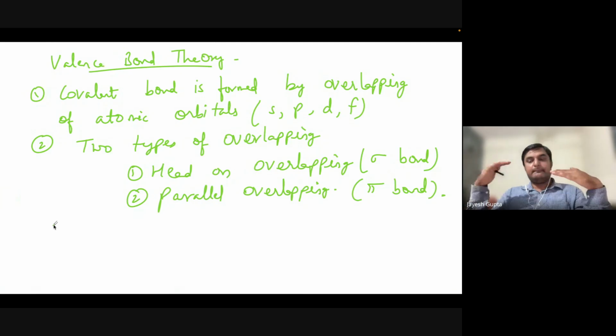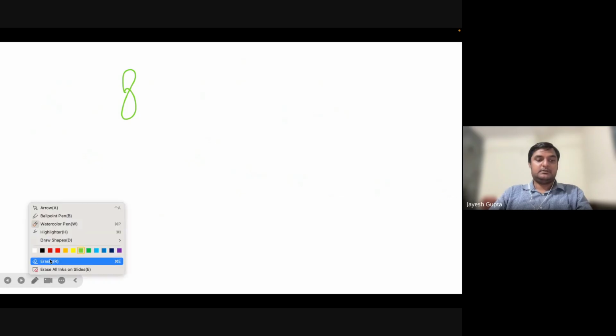Okay, now the second point. Whenever any bond is formed, there are some conditions. If those conditions are fulfilled, then only sigma and pi bonds are formed. For example, if I talk about p orbitals, each p orbital has plus and minus lobes.